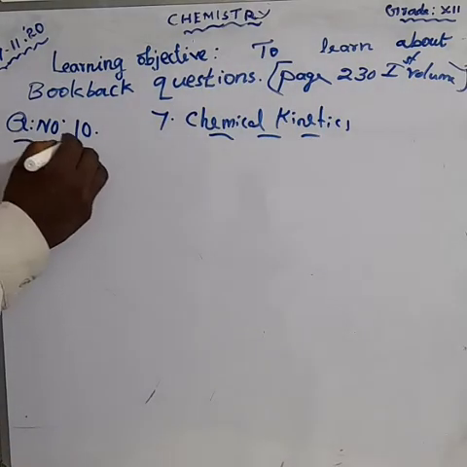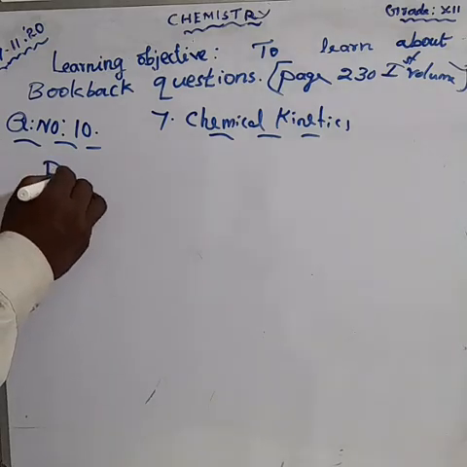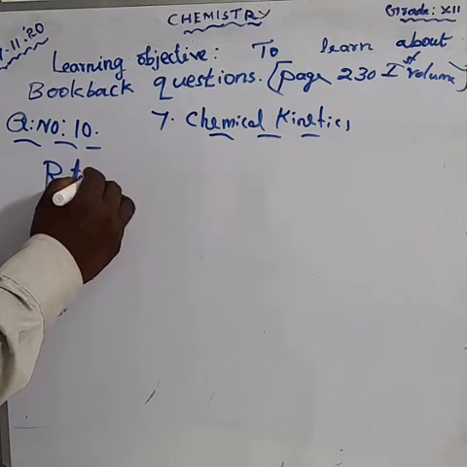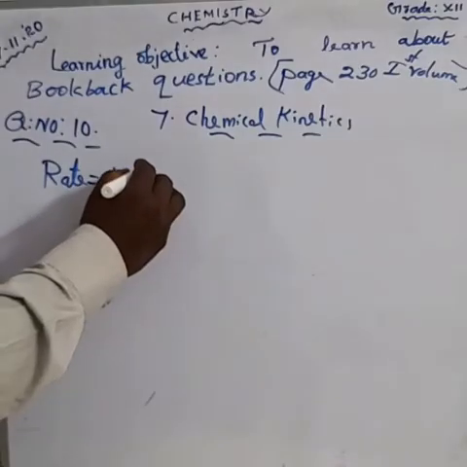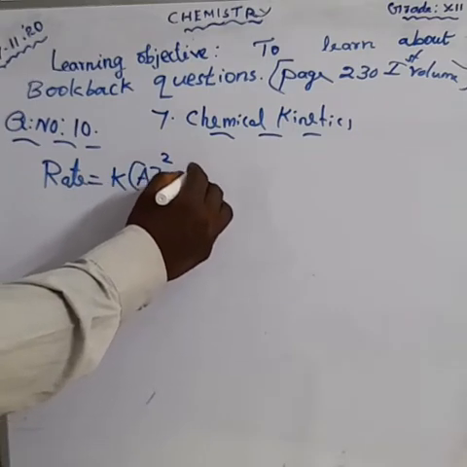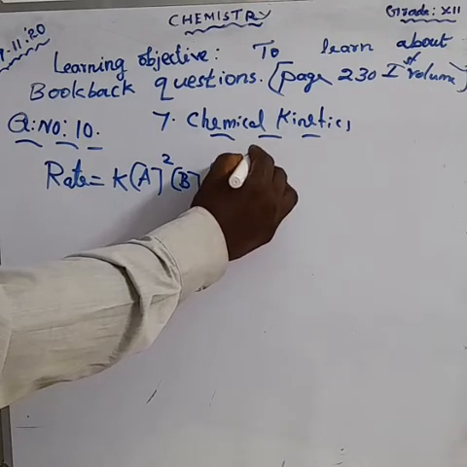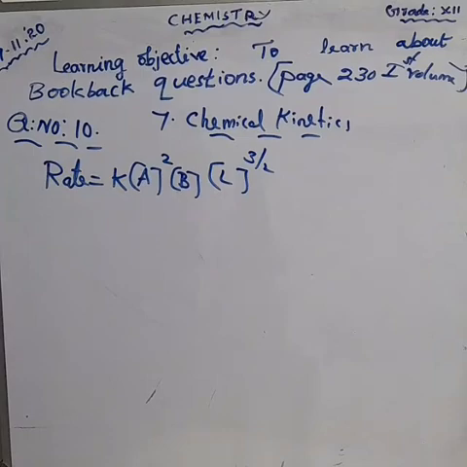Question number 10. First you should write the rate formula. From that question, we should write the rate. Rate is equal to K [A] squared [B] [C] to the power 3/2.